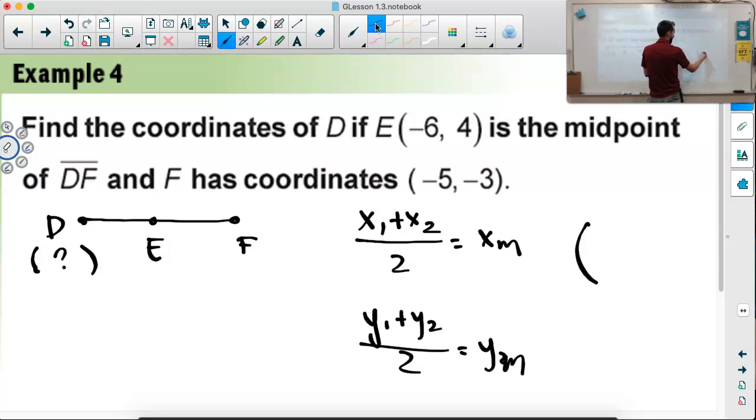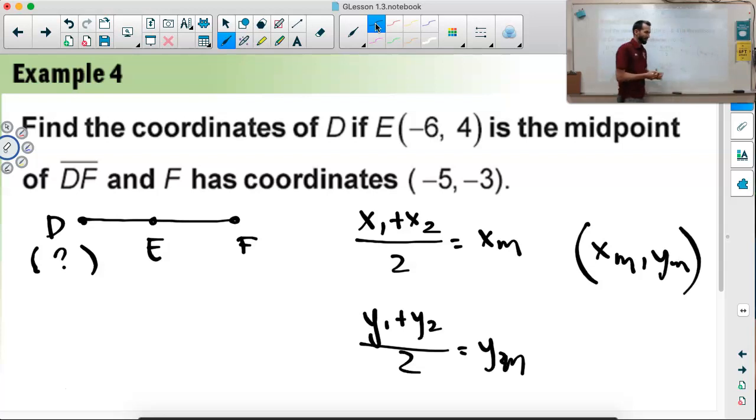In order for me to have my midpoint coordinate. I'm putting little m's there for midpoint, right? So if I kind of solve this, I could do this. Right now it's a bunch of letters, but I could plug into all of these, right? The x1 and x2 stand for the endpoints. The xm is the midpoint.